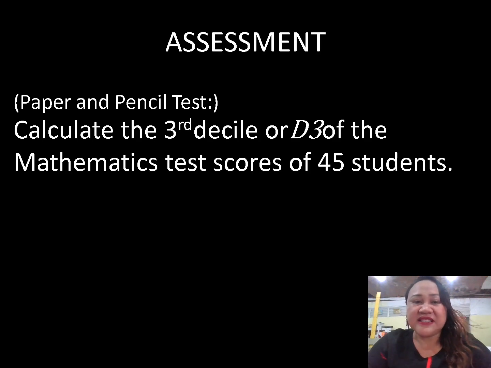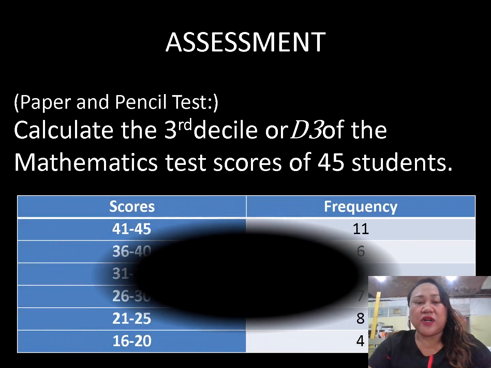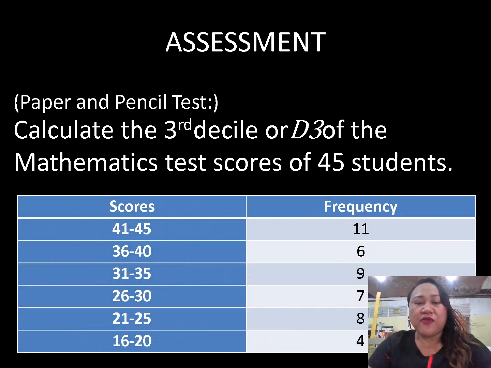For the test, calculate the third decile, or D sub 3, of the mathematics test scores of 45 students. These are the scores of the 45 students. 41 to 45, the frequency is 11. 36 to 40, 31 to 35, 9. 26 to 30, 21 to 25, 8. And 16 to 20, which is 4. Now, are you ready to solve?